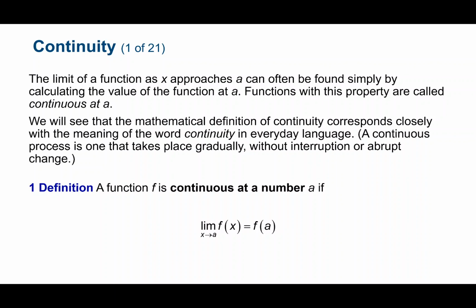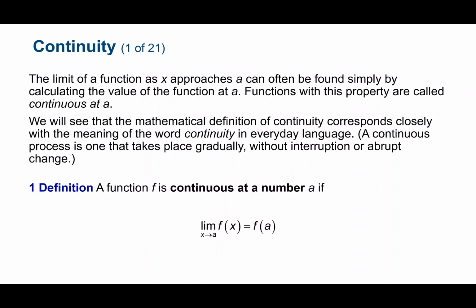Our definition we've actually already run into. A function is continuous at some number that we're calling a if the limit of that function as x approaches a is the same thing we get when we use direct substitution and evaluate the function at the number a.